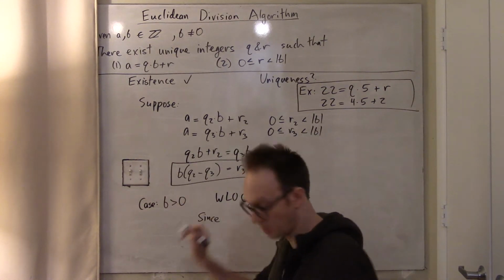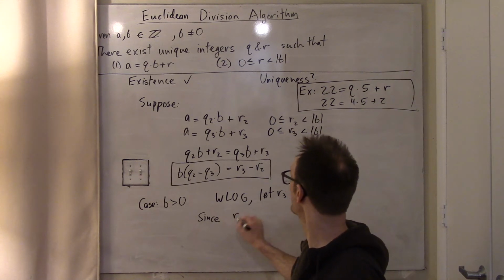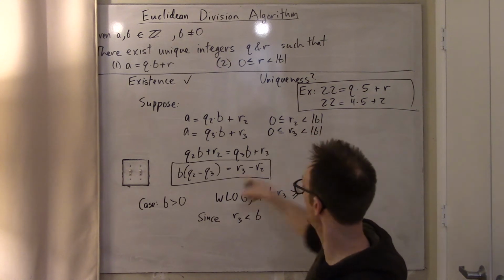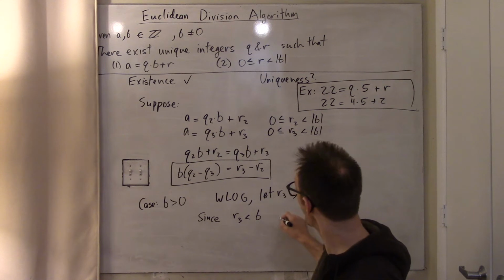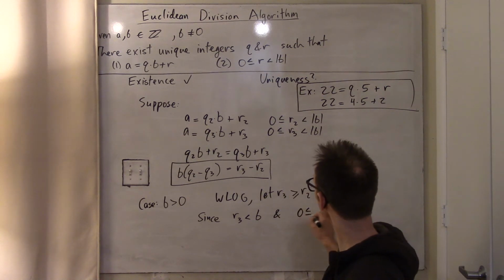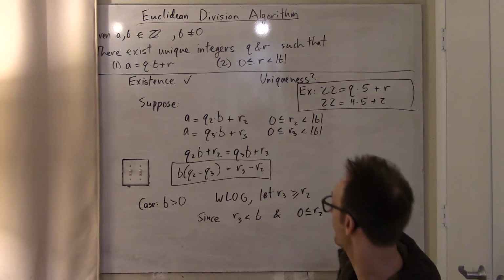The way I did it was to say, I have that R3 is less than B, and here I drop the absolute value because I'm only considering the case where B is positive. Also, it's true that R2 is greater than or equal to 0.